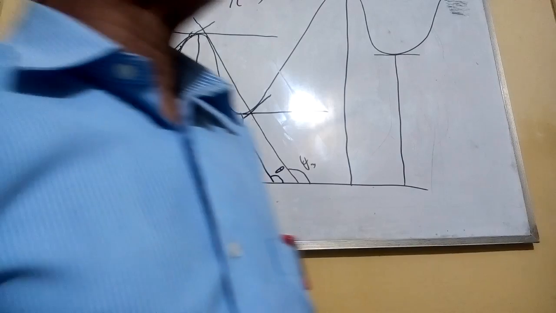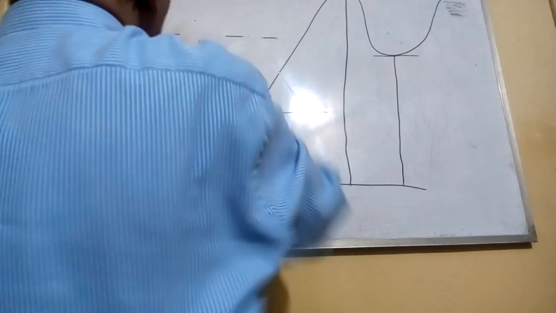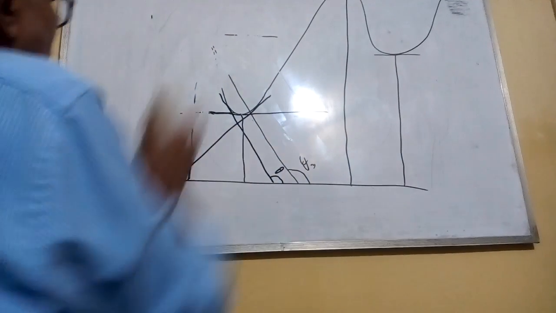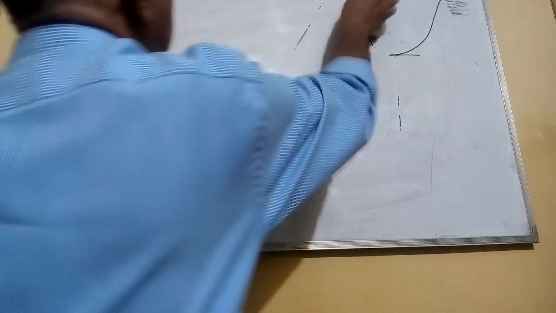So, can we find an alternative method for it? For finding, I would suggest you a particular method. Try to follow that method. If you can follow that method properly, it is very easy to calculate maxima or minima.